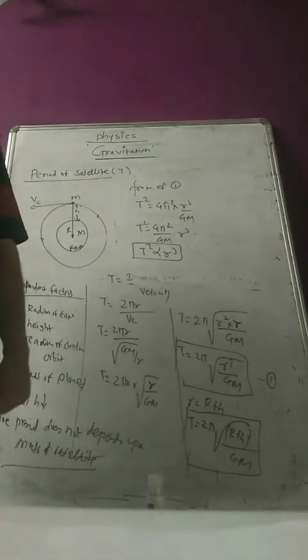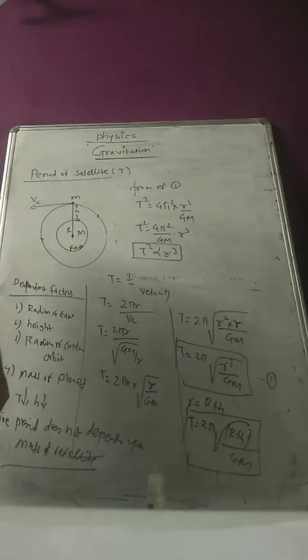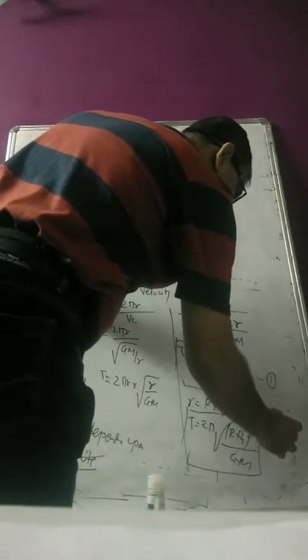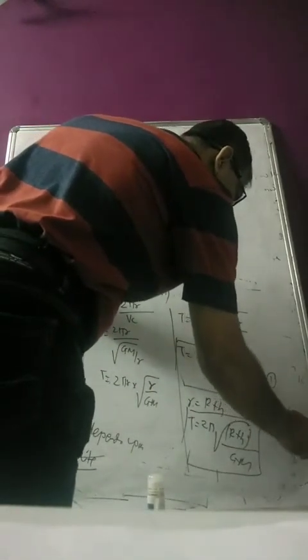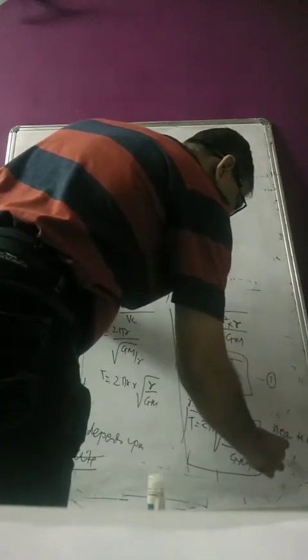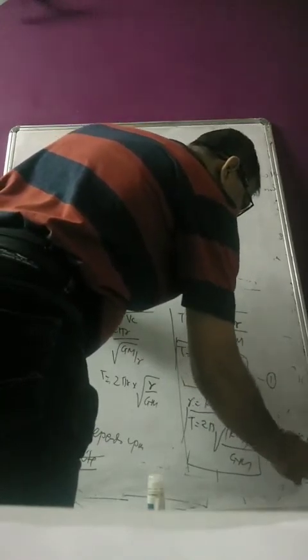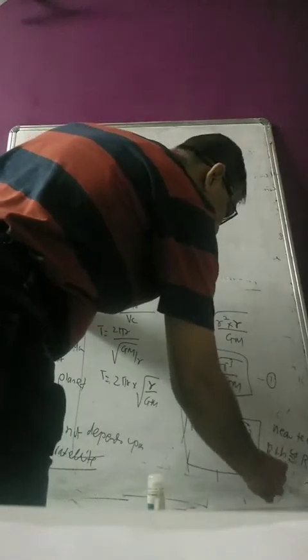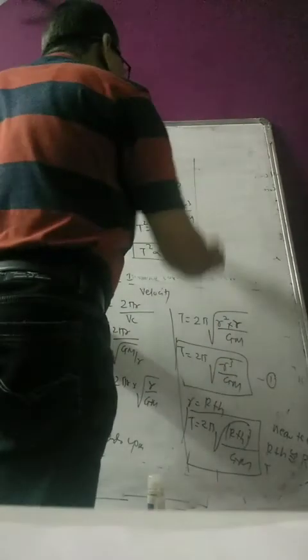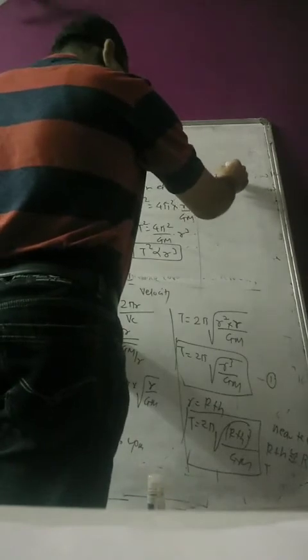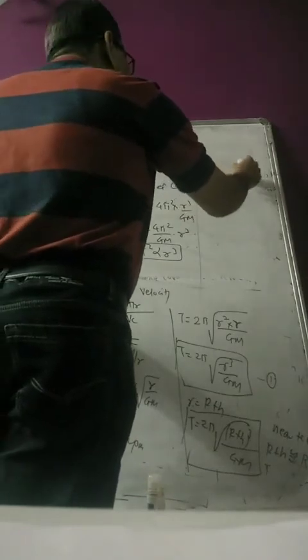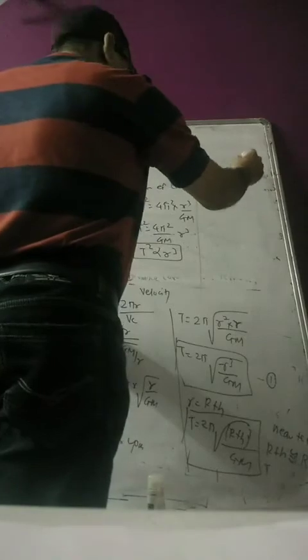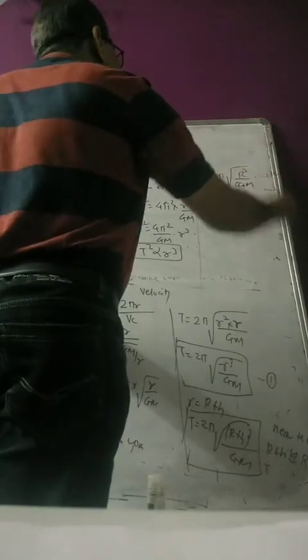Okay, T² is directly proportional to R³. आणि मुलांनो तुम्ही जर अगदी नियर द सरफेस ऑफ अर्थ जर घेतलं, हेच इक्वेशन near the earth surface, R plus h, okay, is equal to R. So therefore this expression can also be written as T is equal to 2π under root of R³ upon GM.